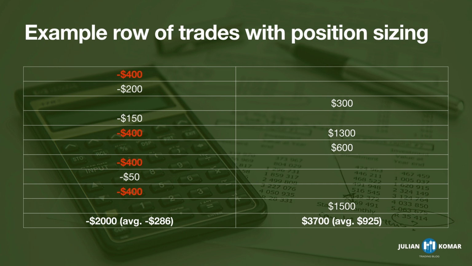You can see that now the average profit, although we removed one profitable trade, is much higher than the losses. And such a strategy has a much higher chance to produce profits in the long run. So limiting your losses is the key to make this strategy profitable.